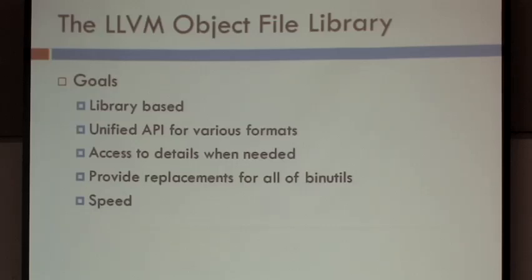And I want to be able to provide replacements for all of binutils for two reasons. Really, so that the library is fully developed and tested for a large set of projects, and also to provide a single tool chain, so you don't have to get your linker from here and assembler from there. The last is speed, because GNU ld and link.exe are pretty slow.